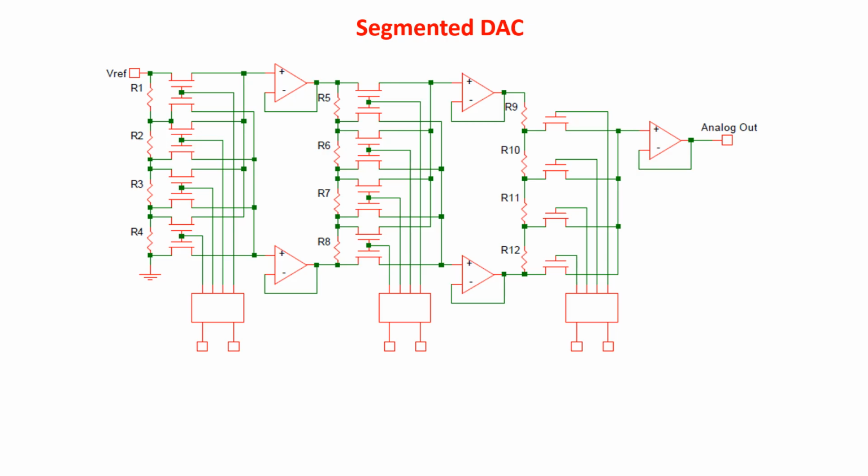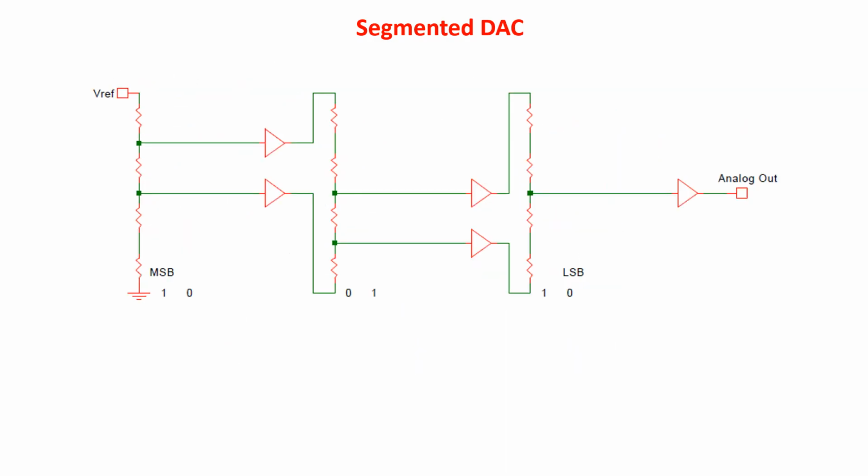Let's see another example. Let's say we have this input value, 100110. We select the third resistor in the first segment, the second resistor in the second segment, and the third node in the third segment. So we are in this situation here.